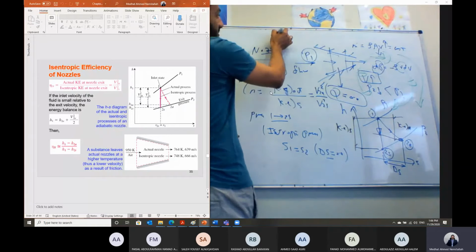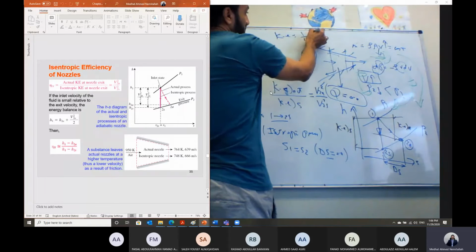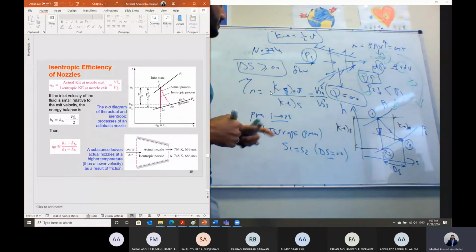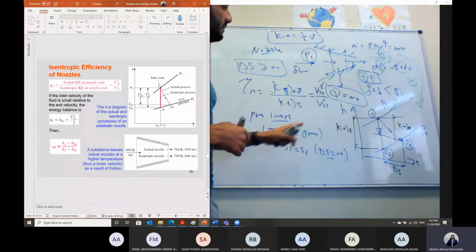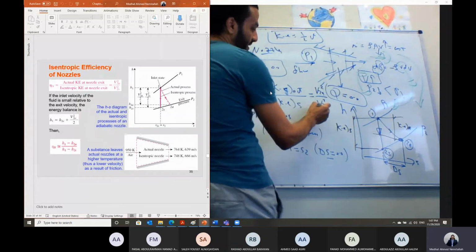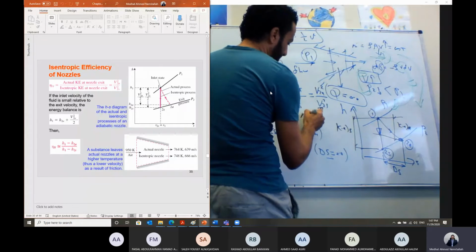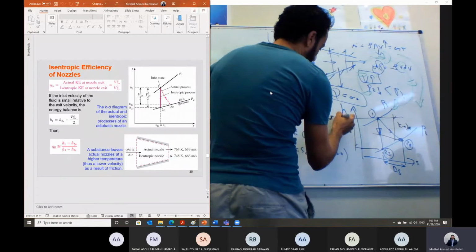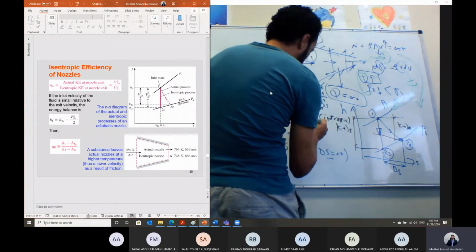As we have the kinetic energy is equal to what? Is equal to half multiplied by V squared. Kinetic energy is function of V squared. So the isentropic efficiency of the nozzle will equal to V2 actual squared divided by V2S squared in this case. And V2S is called the maximum or isentropic exit velocity.